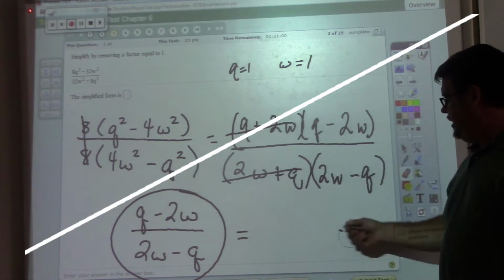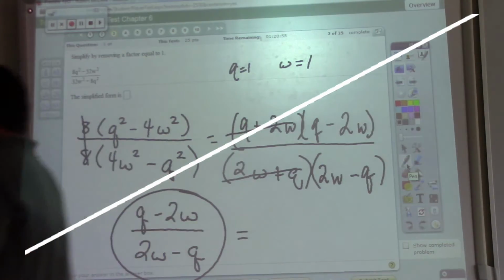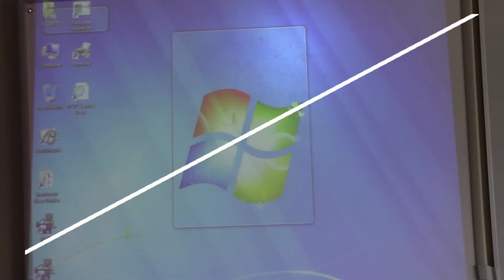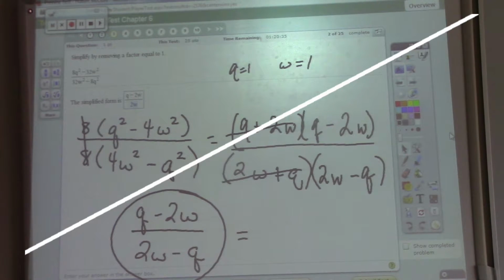So you can't do that. I mean, you can, but it's not going to help you. So we type that one in so we can feel good about ourselves. q minus 2w over 2w minus q.